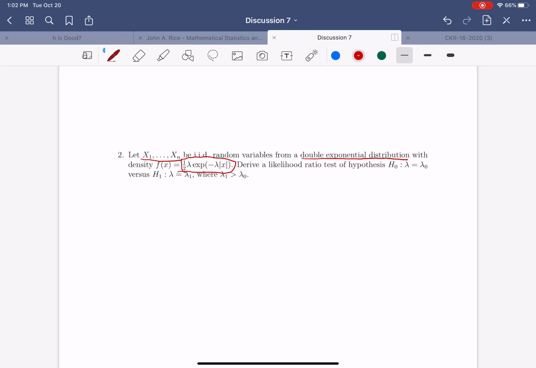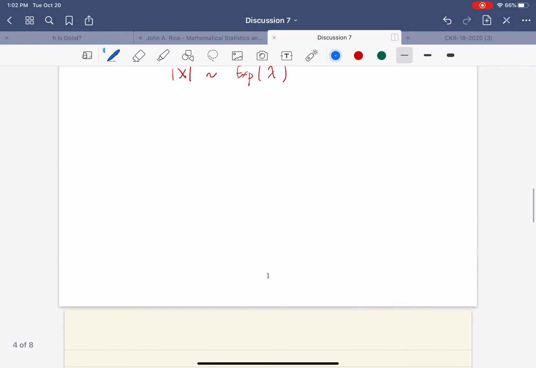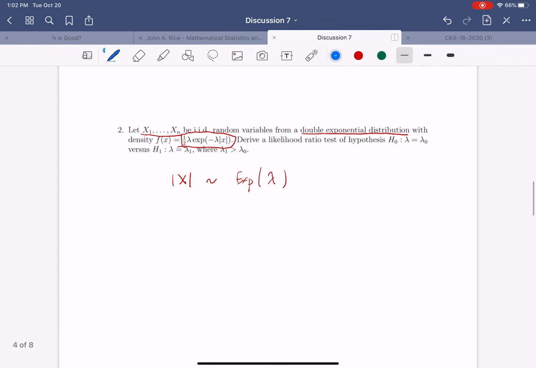In this case, there is a property: the absolute value of a double exponential random variable follows the exponential distribution with parameter lambda. That is a useful property. And we have to test this hypothesis.